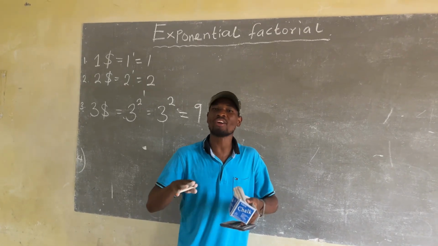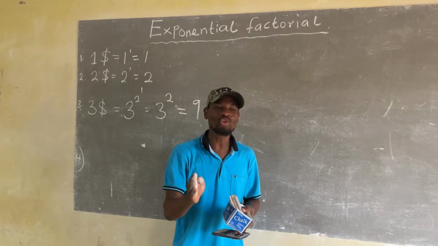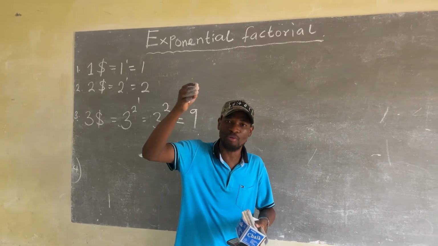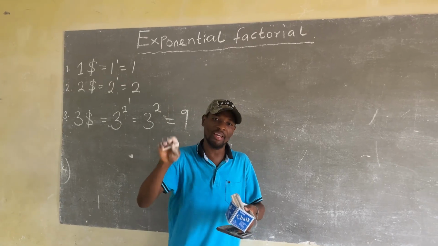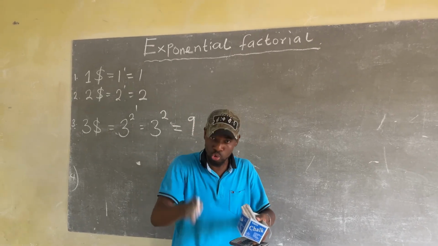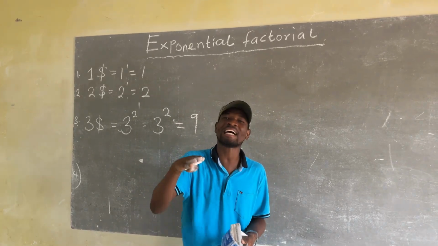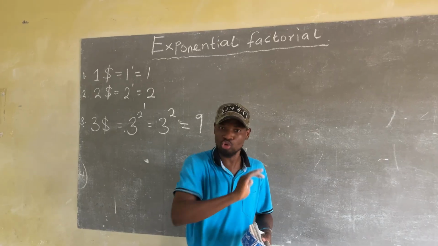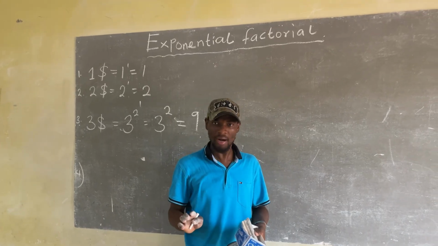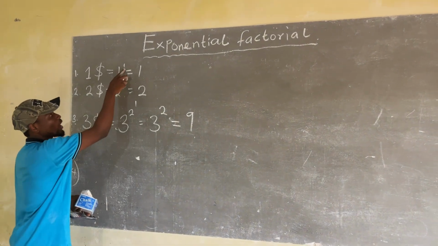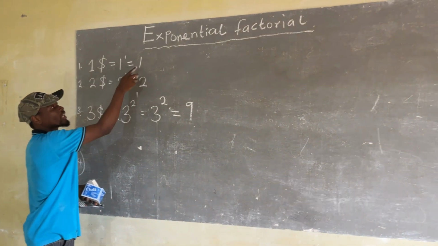But before that, what we are trying to say is this: you have the number being raised to a certain exponent, and as soon as you get to an exponent of 1, you stop at that point. That is an indication that you will have to stop. When we got to 1, we stopped and evaluated, and we had 1.